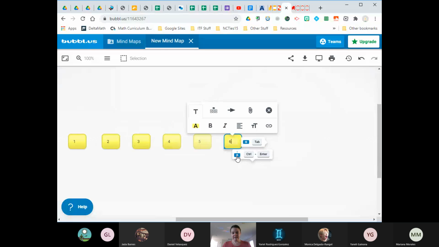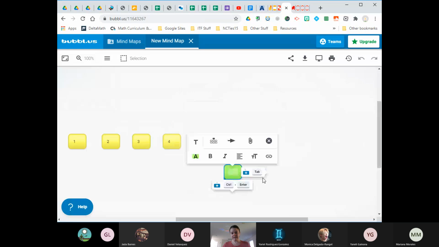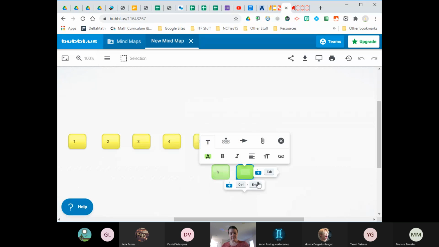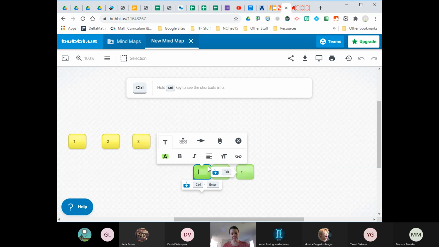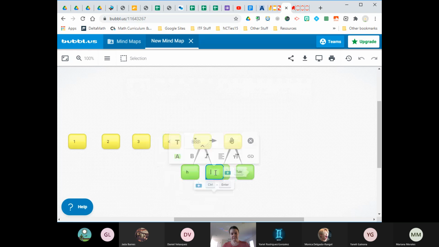Now to do my flip of a coin, I'm going to click down and do heads, click right, and do tails. And now here is 1/6 of my tree diagram complete. I'm going to do the same thing for each of these.